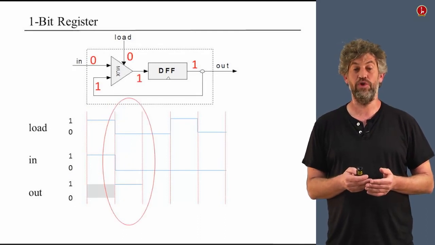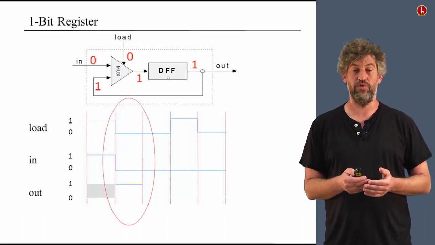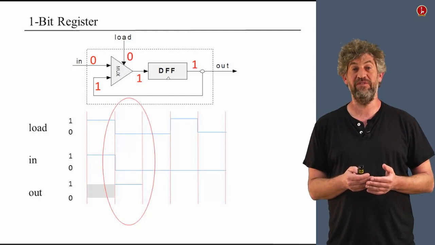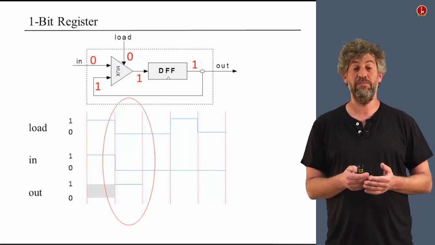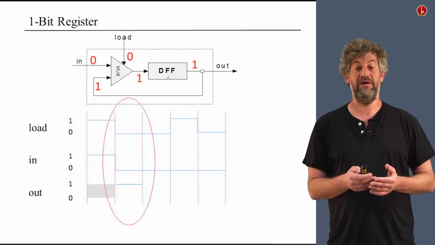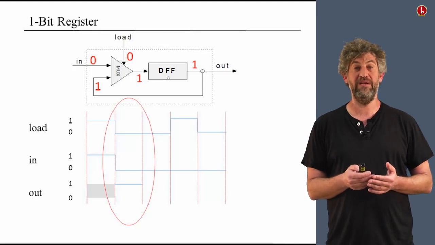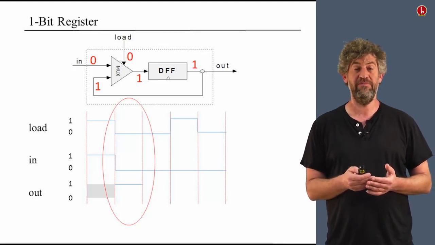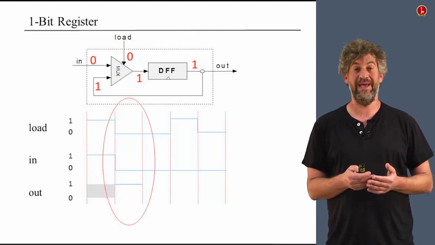In the second time unit, we know what in is, that was our input, we know what load is, we have the previous out, so we can calculate exactly what the multiplexer does. And the multiplexer basically picks the previous output from the old value of the DFF. And then we know what the input to the D flip-flop is going to be. It's going to be again a 1.